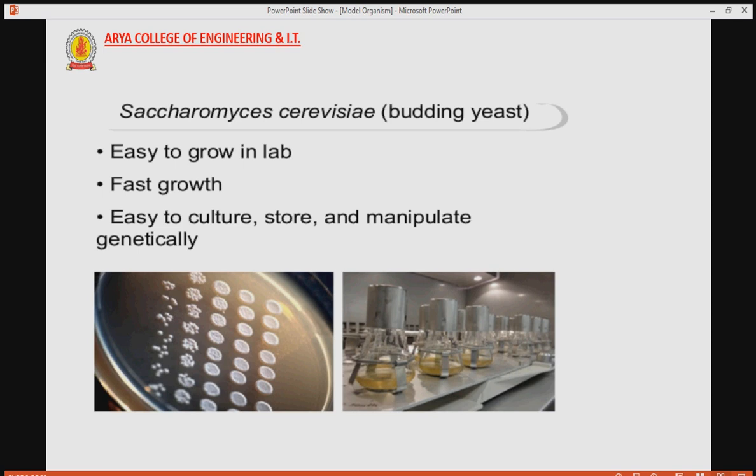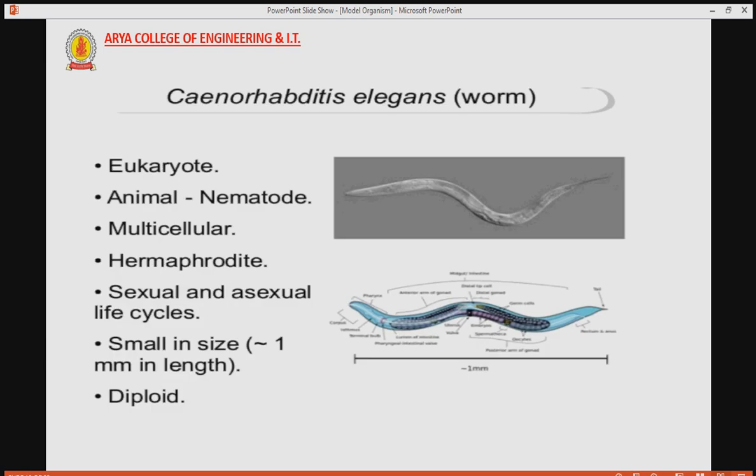It can be grown in the lab easily. Its growth is fast. It is easy to culture, store and manipulate genetically. These features play a vital role in scientific research.